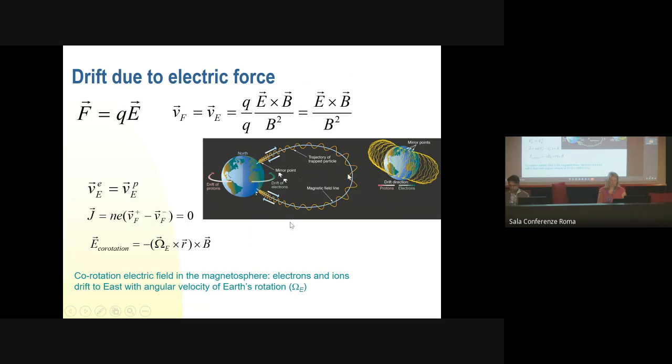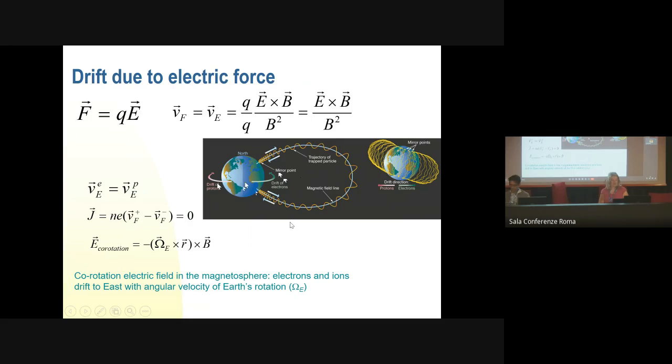The particles have a gyration motion in the plane perpendicular to the magnetic field line, then a motion along the magnetic field line between mirror points, and then an azimuthal drift, to the west for the protons and to the east for electrons, but only for the energetic particles. These are the particles that create, for instance, the ring current, and also the particles of the radiation belts.